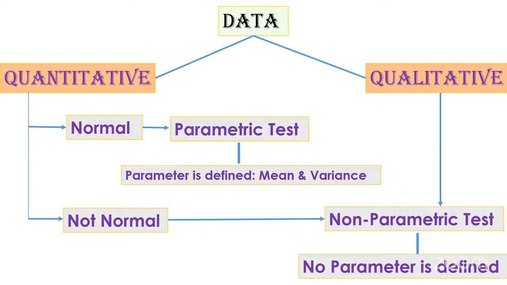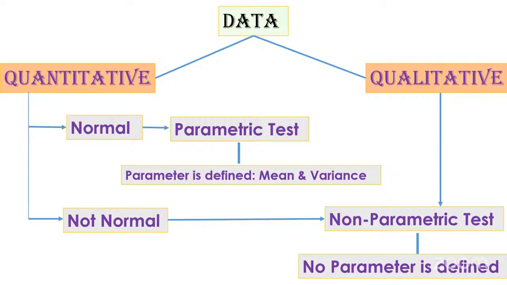So even if your data is quantitative, but if your data is not normal, you are supposed to go for non-parametric test. Okay. And if it is normal, parametric test, because parameter is defined, that we can compute mean and variance. So for non-parametric test, there is no assumption to check. For parametric test, our data should be normal, that too quantitative.